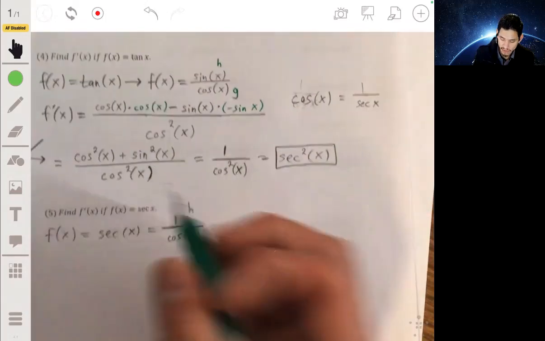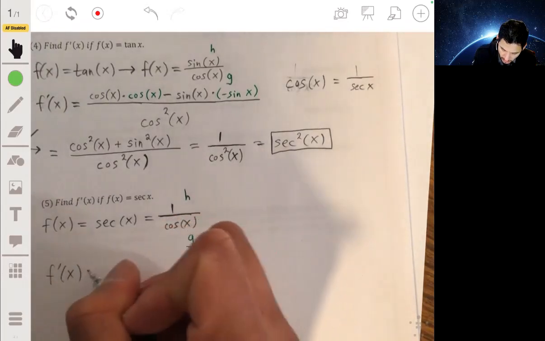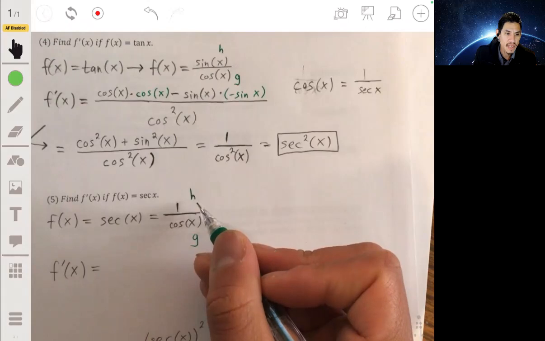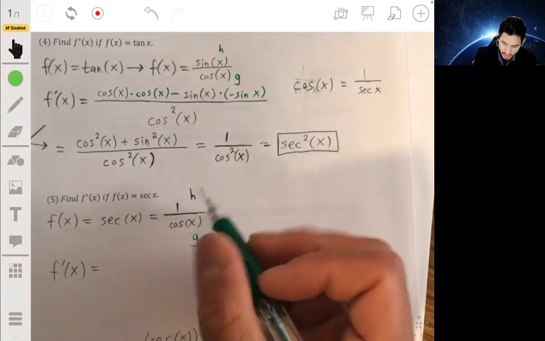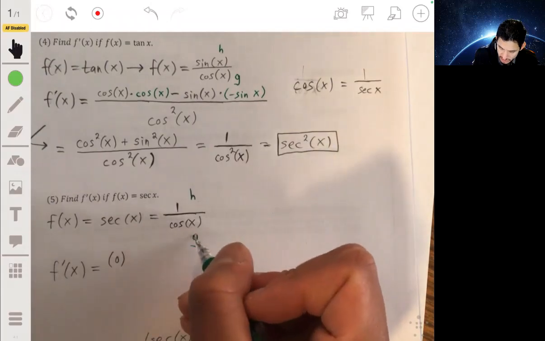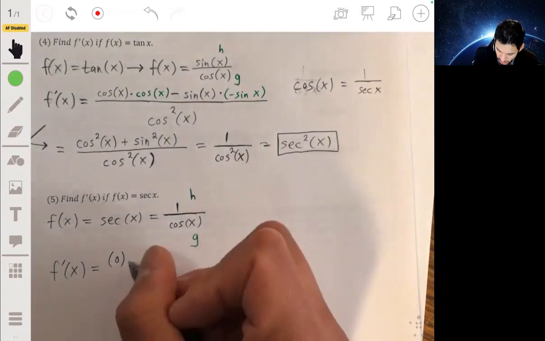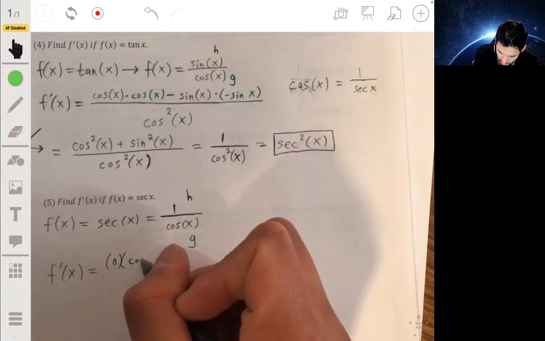So the derivative of f, or f prime of x, is equal to h prime of x, the derivative of h, which is just 0, times g of x, which is just the cosine of x.